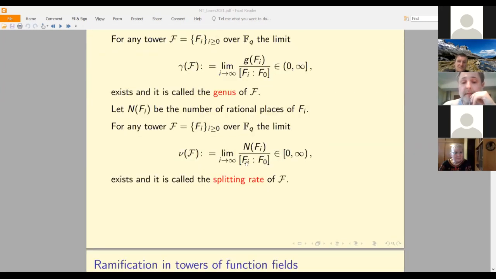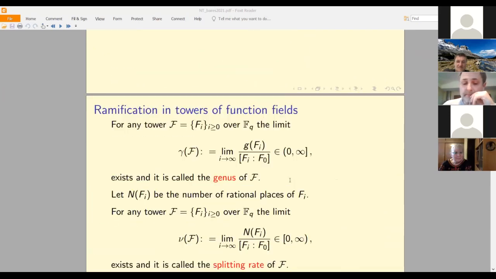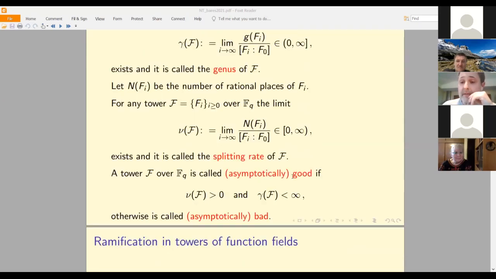If you divide it by the index of F_i over F_0, again, you can prove this limit exists. It could be 0, but it could never be infinite. It's called the splitting rate of the tower. And then you say that a tower is asymptotically good if it has a positive splitting rate and finite genus. If it is 0 or this is infinite, the tower is called asymptotically bad.